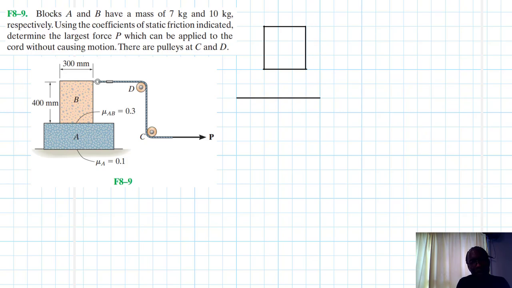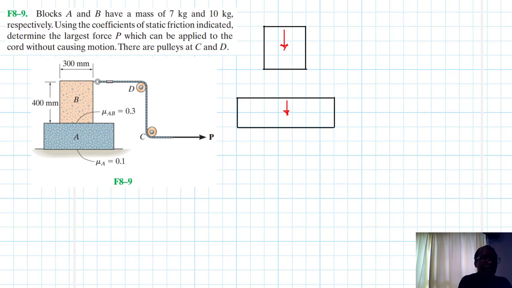And there we go. Like so. So of course we are going to have the weight acting at that point like so. And also this one, let's say we have this weight acting at that point like so.